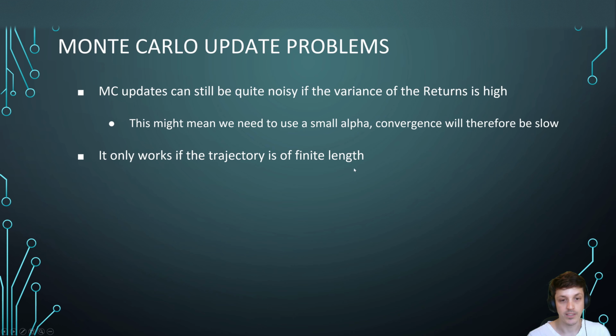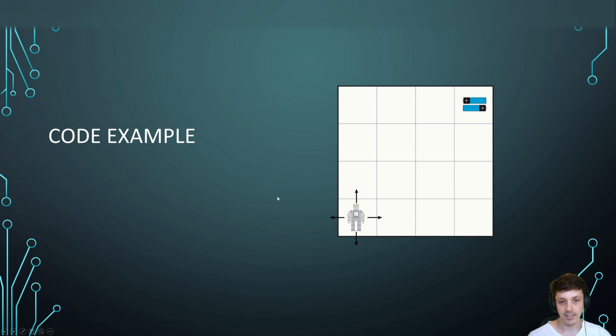It also only works if the trajectory is of a finite length. Now, I said before that we have some timeout after a while, but one issue with even the returns calculations and our Monte Carlo update is similar to what I mentioned before. If we had a trajectory where we went up and down and around, and then we timed out in either this state here or this state here, well, if our timeout value was one extra step, maybe we'd get into the reward state.